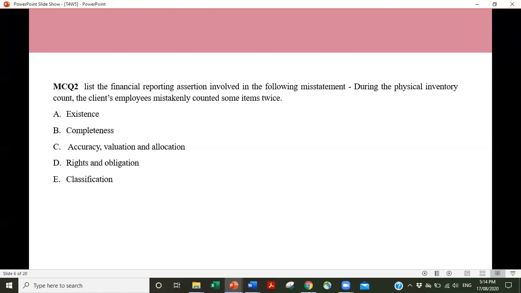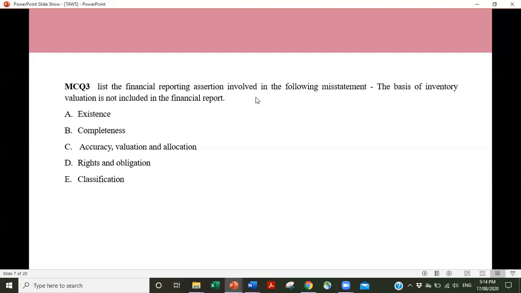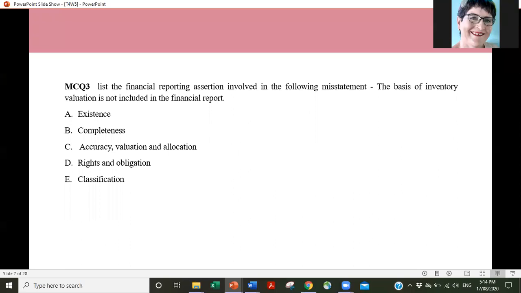Anybody? No? Okay. So really what we're talking about here is the basis of valuation. So again, it's existence, completeness. So all of those 5 link into the basis of valuation. Okay.